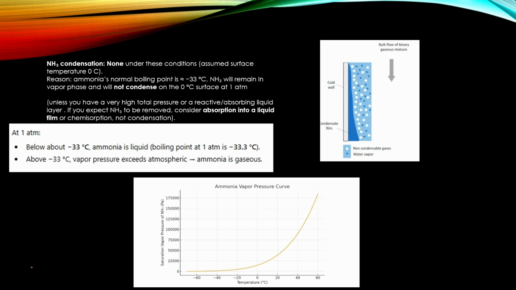Here we see the ammonia vapor pressure curve. If you want to remove also ammonia from the gas phase, you should consider absorption into a liquid film or semi-sorption, not this condensation.